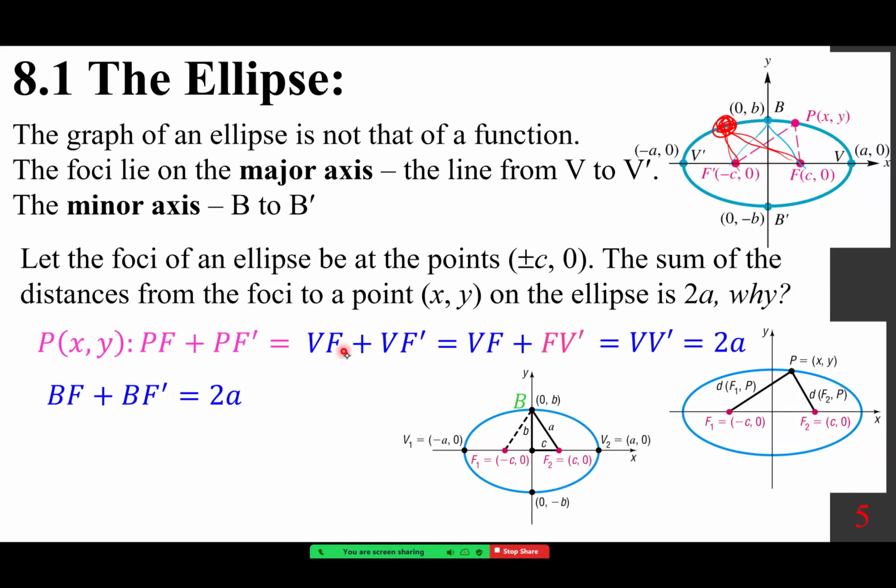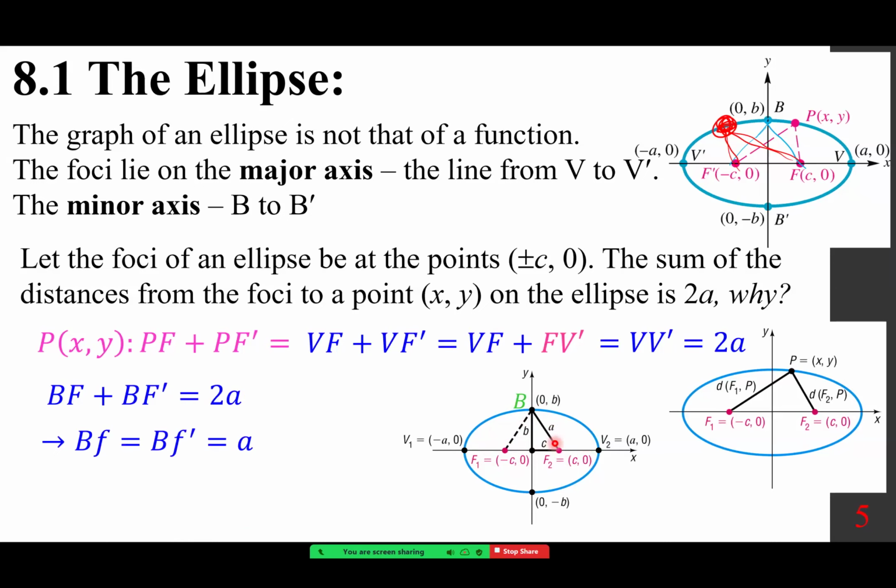Why? By definition of an ellipse. And by symmetry, these two are the same. So BF is the same as BF prime, which makes it a. So if these two are identical and their sum is 2a, each one must be a.